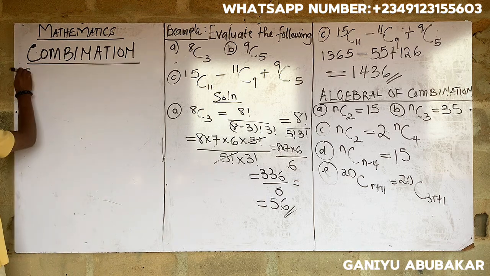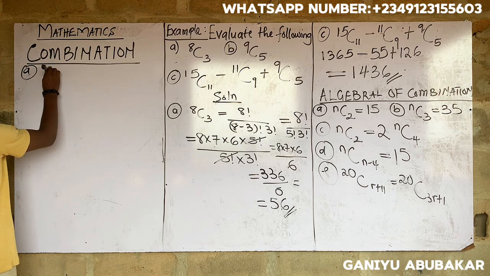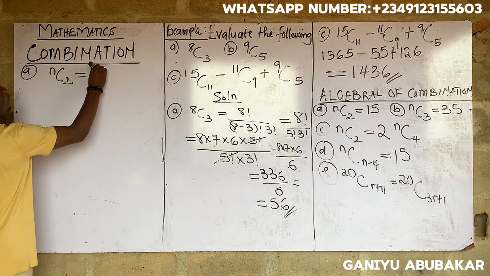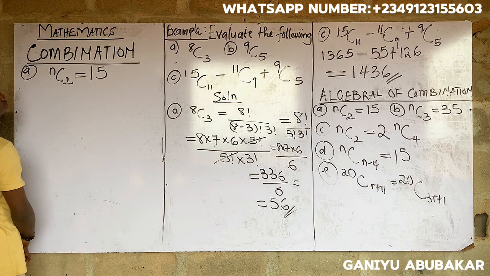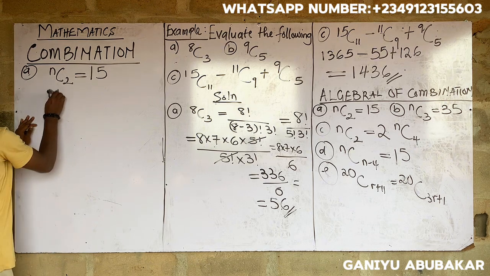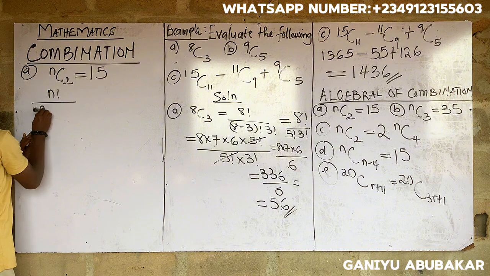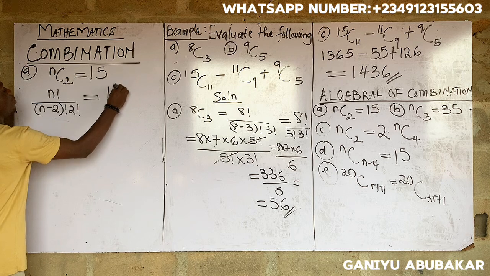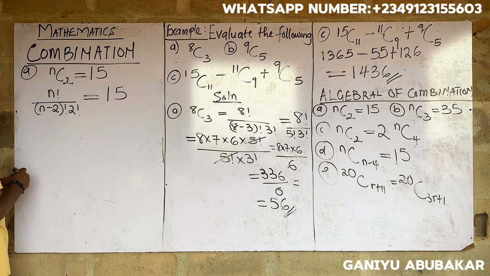For A, I have n combination 2 equal to 15. It's simple. What's your expression here? This becomes n factorial over n minus 2 factorial 2 factorial equal to 15.